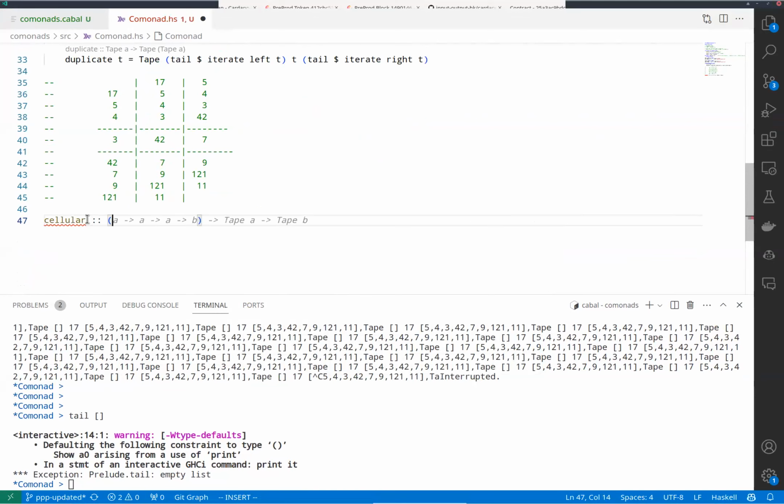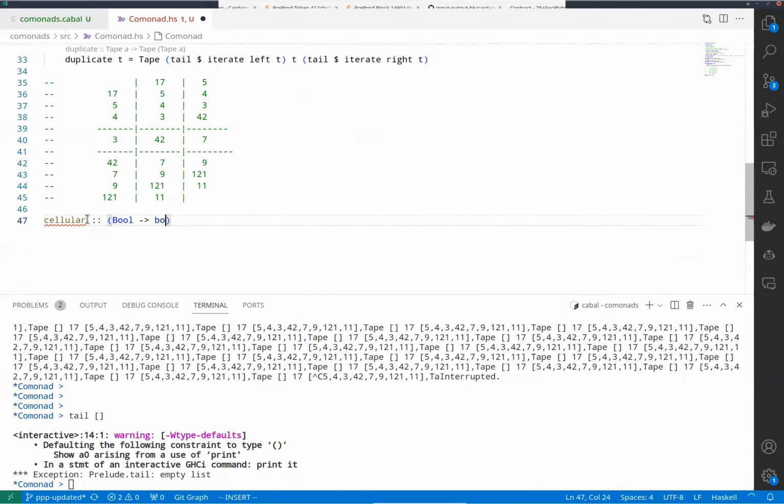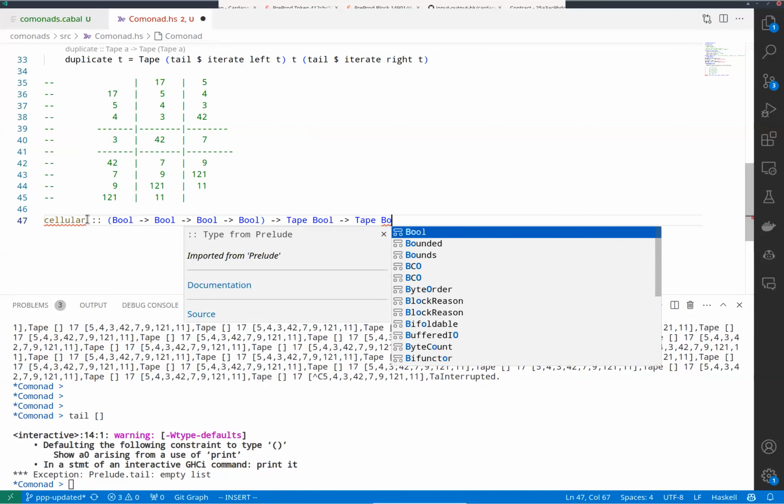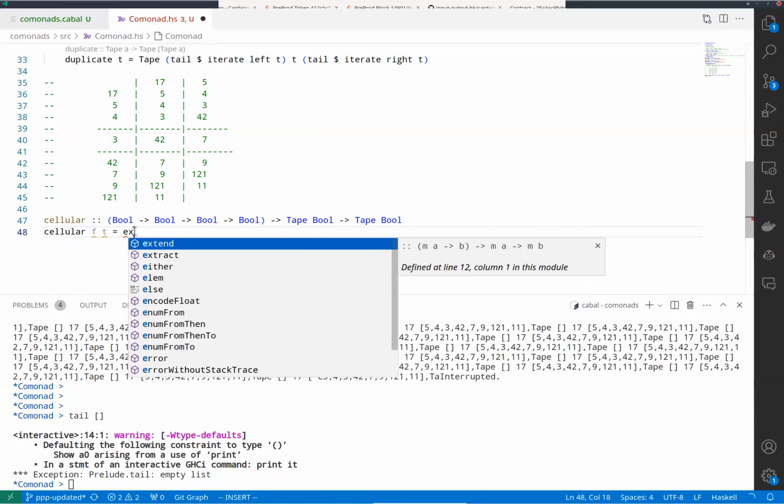So if I have like a rule, like Jason said, so let's say I know, given the state of my left neighbor, myself, and my right neighbor, I can update like this. Then I can have something from tape pool to tape pool. So, okay, let's do this. Cellular. So I have my update rule and I have my tape. So I just extend.